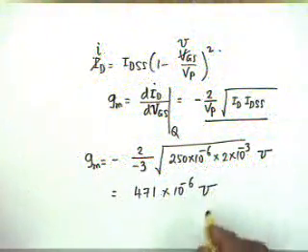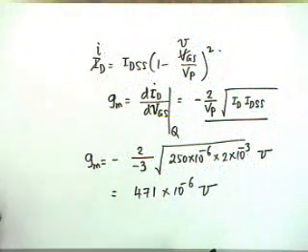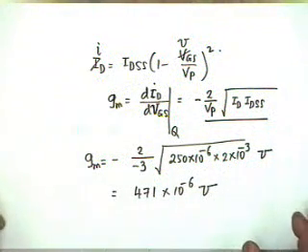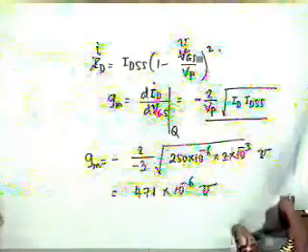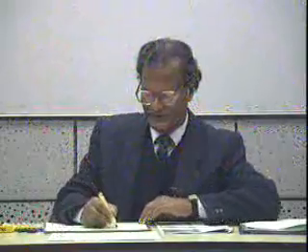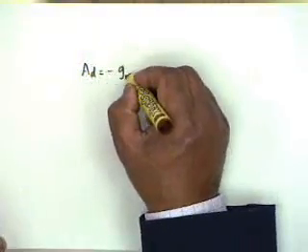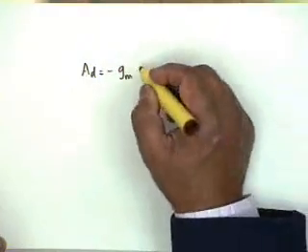Why did we find out GM? Because we require this for calculating the differential gain AD. AD, therefore, the differential gain is simply equal to minus GM times RD.